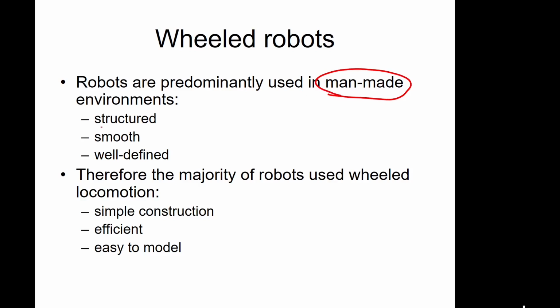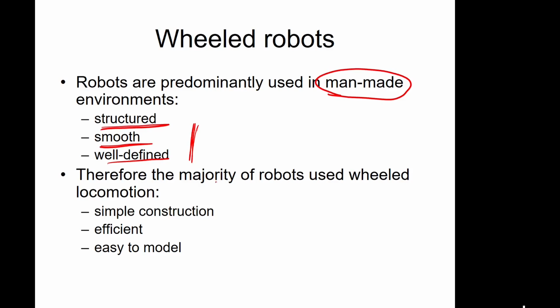With that, I mean the area is structured, so we know kind of where things are at. Surfaces are usually smooth and well defined. Because robots are used in these man-made environments, we have these advantages. We know what the environment's like.